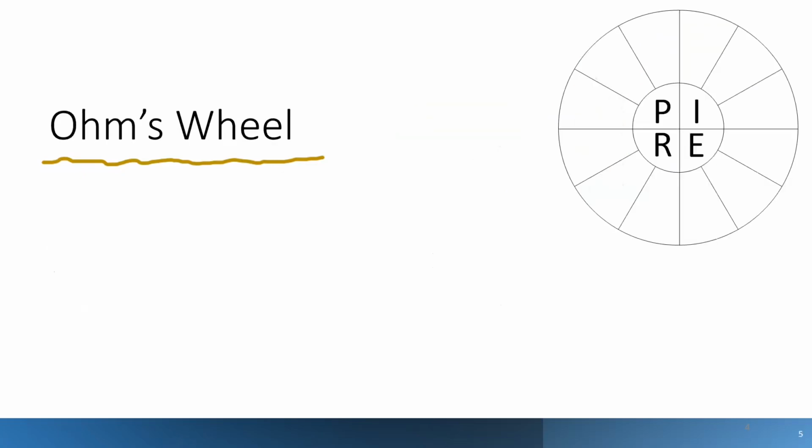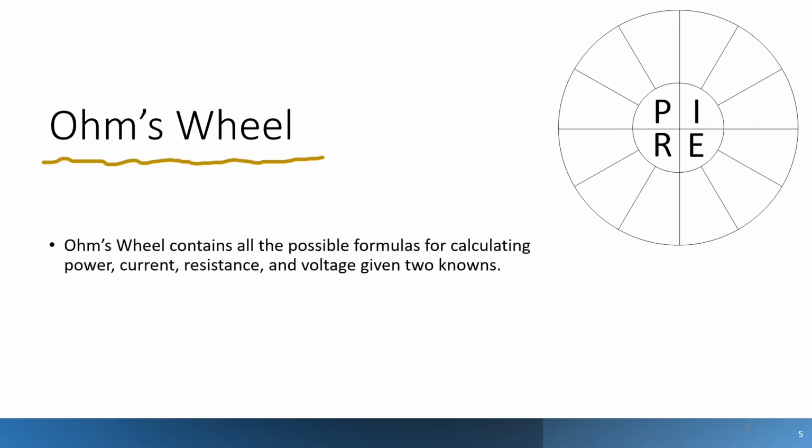So let's talk about Ohm's wheel. Now you can see here in the upper right-hand corner that I have a wheel, and that's kind of where it gets its name. Kind of looks like a wagon wheel. And there's 12 total formulas that we have, 3 for each entity, whether it's power, current, resistance, or voltage.